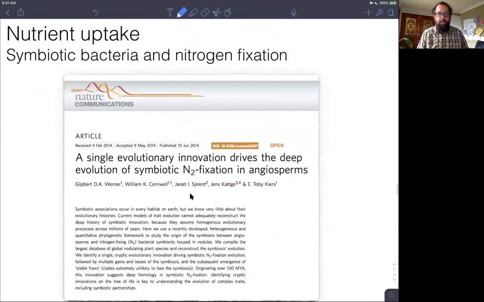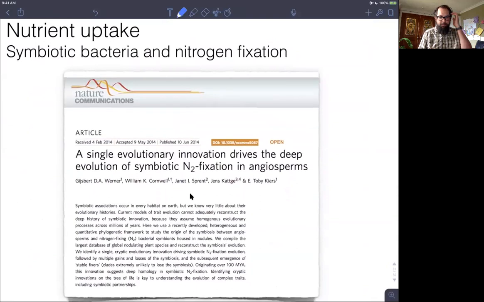And there is a cool paper from a few years ago, this is 2014, that showed that these different groups of plants that have relationships with different types of nitrogen fixing bacteria actually came from a single evolutionary innovation that's driving this nitrogen fixation in angiosperms.